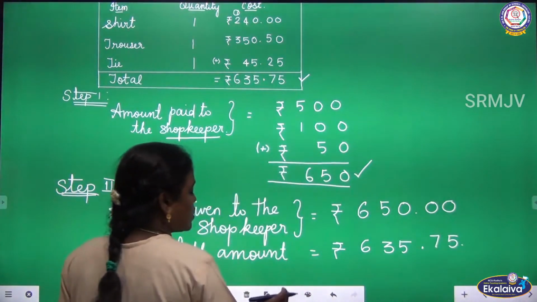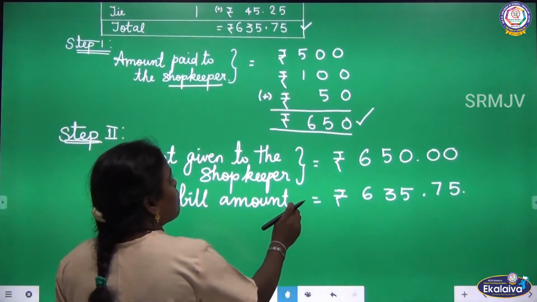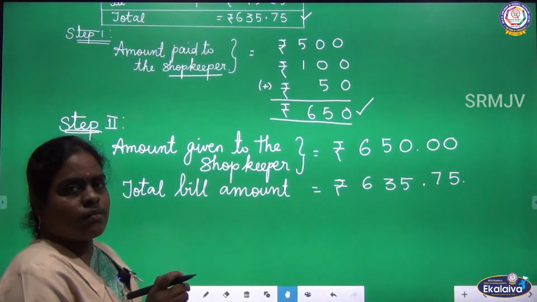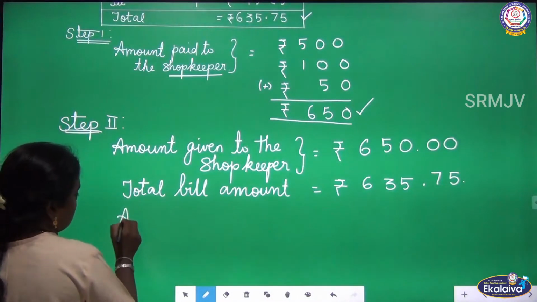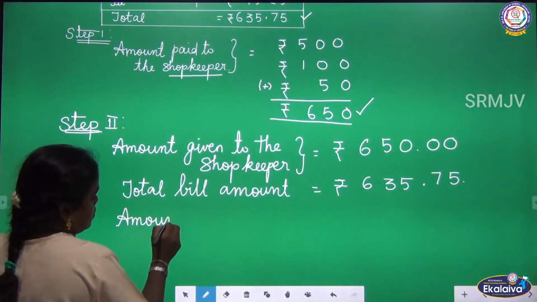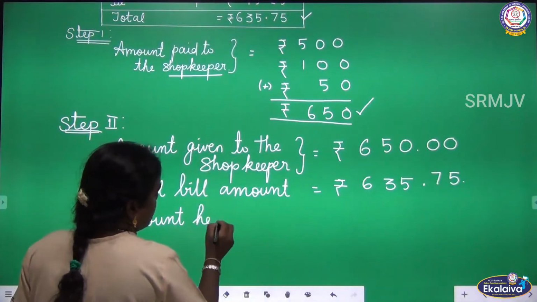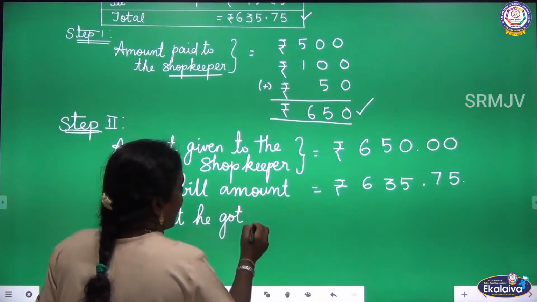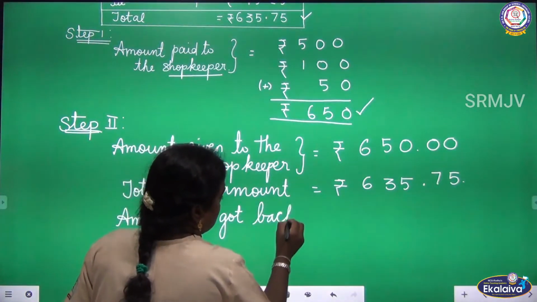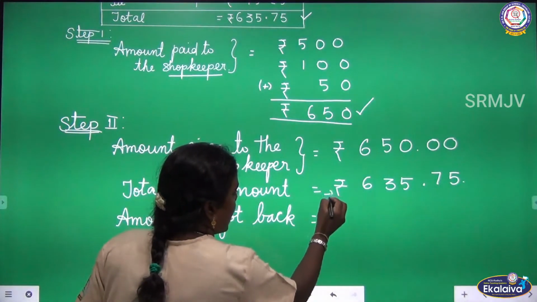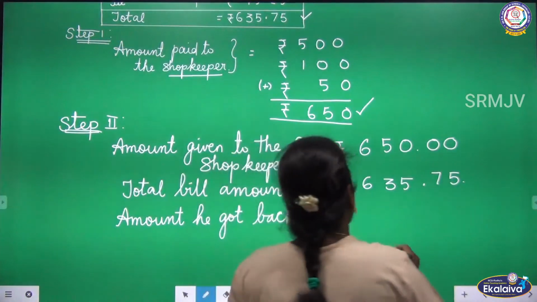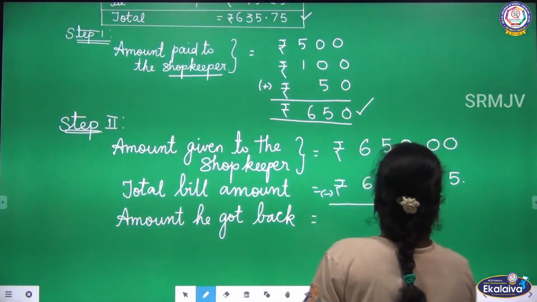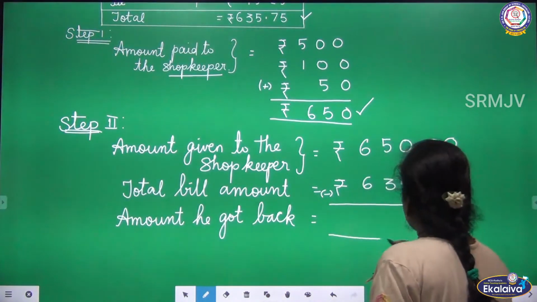So, now we are going to find out the amount, that is the balance which he can get back. Amount he got back. We have to subtract these amounts to get the amount which he got back. Let us subtract the amounts.